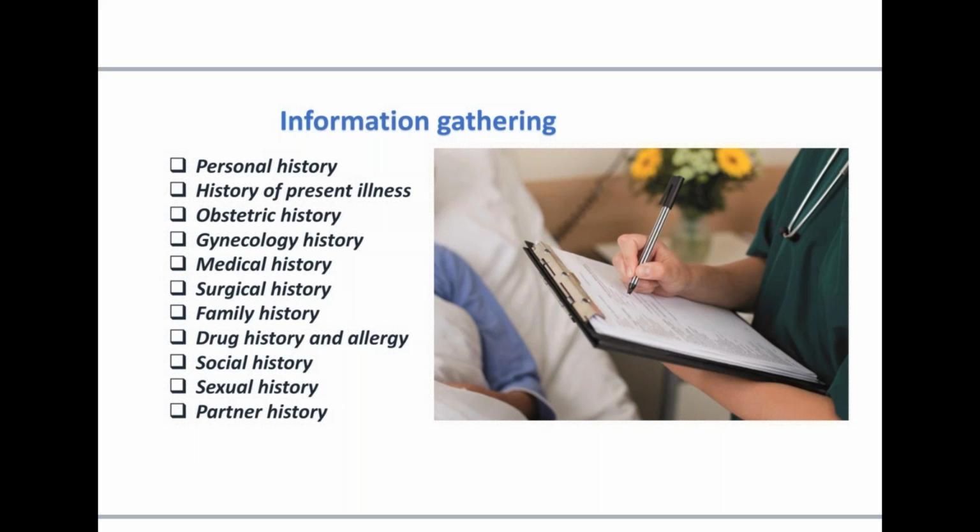For example, if you are taking a history for a case of amenorrhea, and you find everything is normal and you can't know why she is not having her periods, she's not pregnant, she doesn't have any issues, but you forgot to ask her about her job or what she's doing for living, and you discover later on that she is a fitness trainer and her BMI is like 17 or 18, and that's why she is having this amenorrhea.